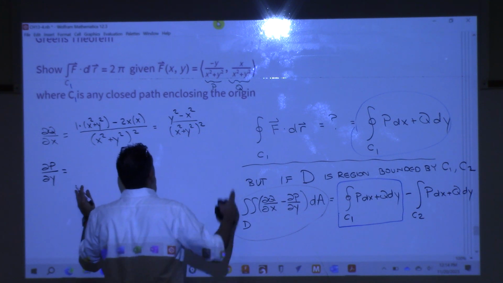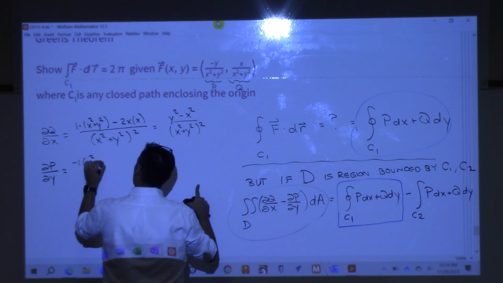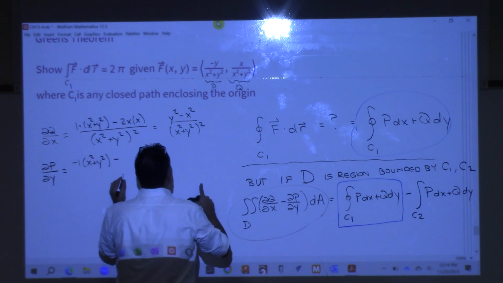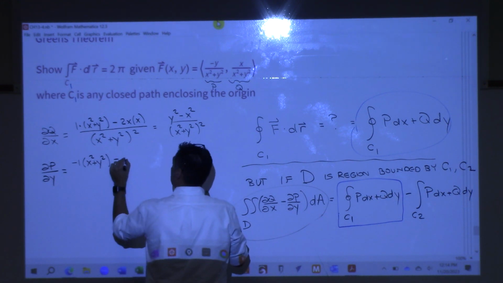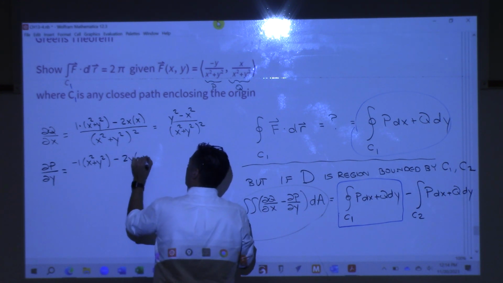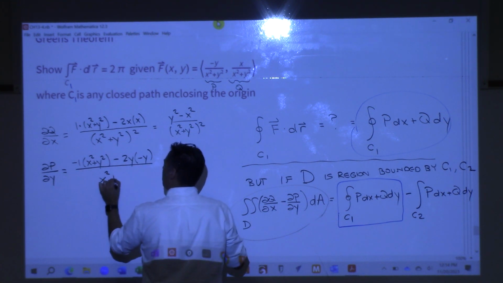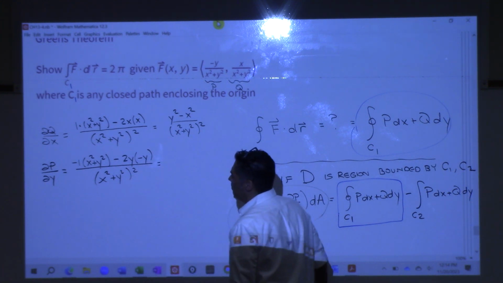It's going to be another quotient rule. Derivative of the top, -1, times the bottom, minus the derivative of the bottom with respect to y, 2y, times the top, -y, all over bottom squared. What do we get up top?